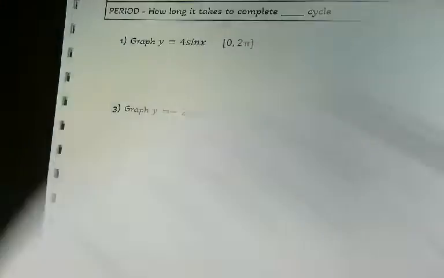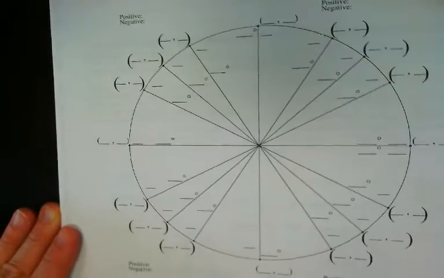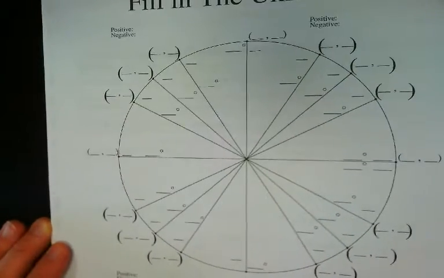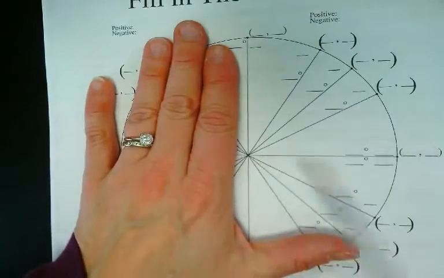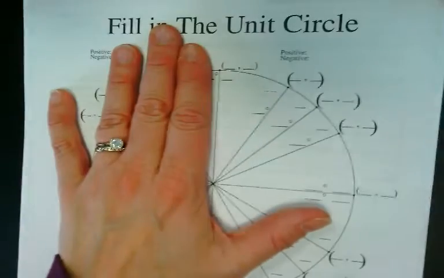All right, flip to page 316. Without looking at any previous stuff, I just want you to fill in what you can in the first quadrant. Give me the degrees in the first quadrant. Let's just focus on quadrant 1.